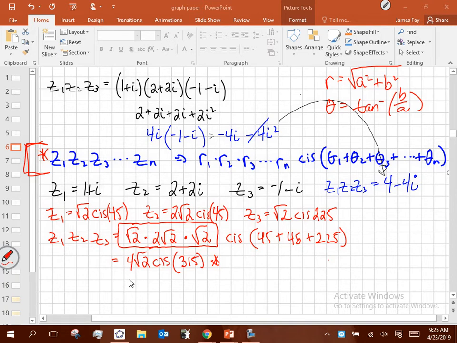We just have to realize that the cis means cosine 315 plus I times sine of 315. And then we evaluate. What's the cosine of 315? Radical 2 over 2. What's the sine of 315? Negative radical 2 over 2.